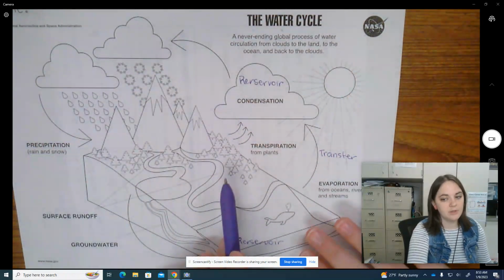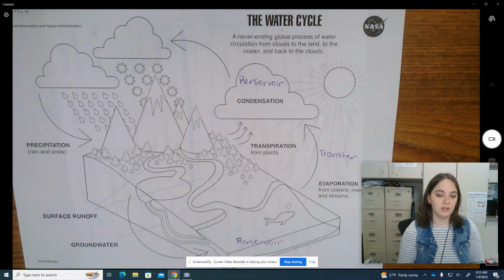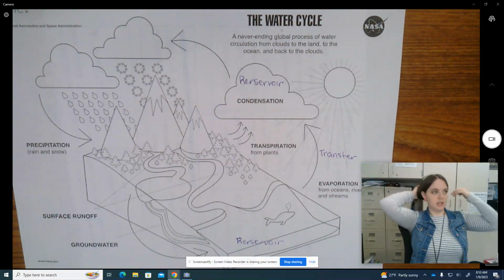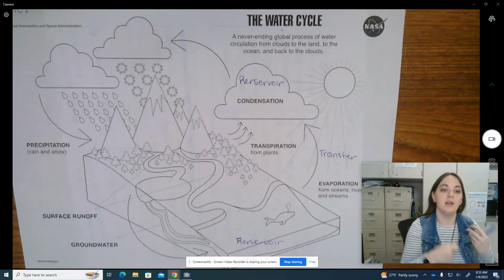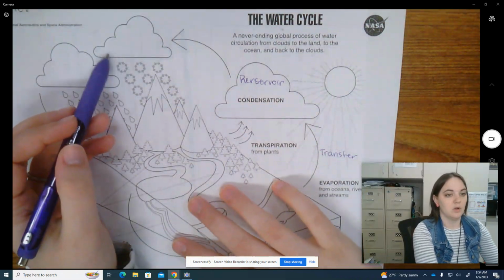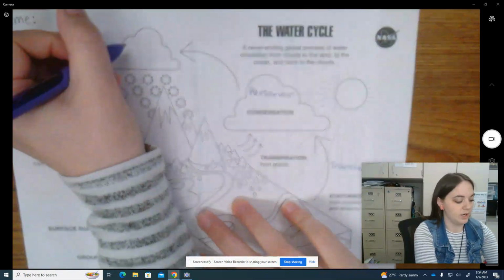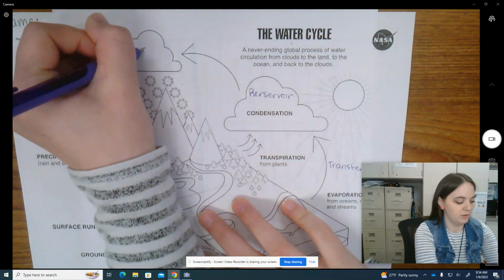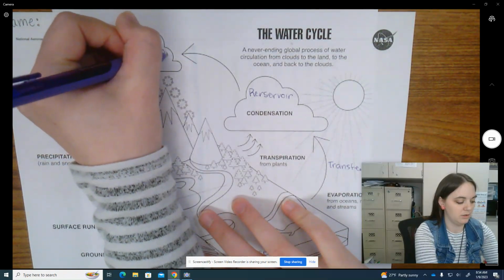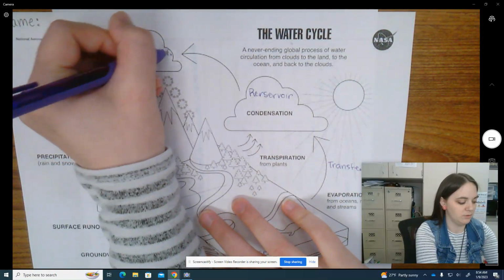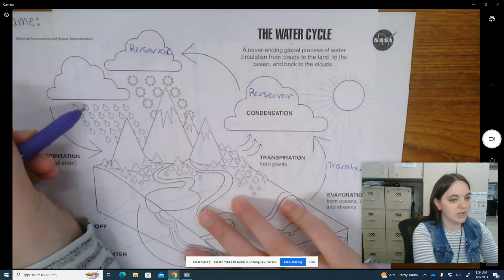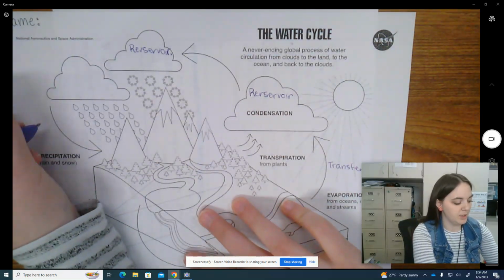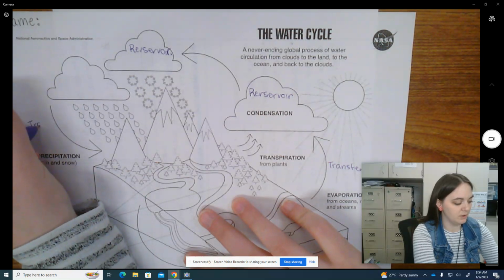Even though the clouds do move across the sky, they move very slowly, and we're going to consider a cloud a reservoir. Water is stored in clouds. It stays there for a while until it precipitates. Reservoir, I can spell, I swear. But once it starts to precipitate, it becomes a transfer.